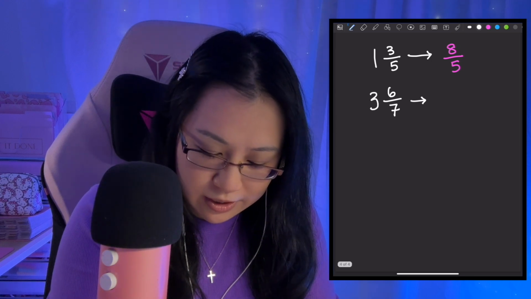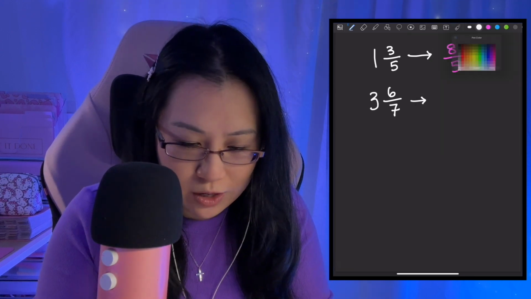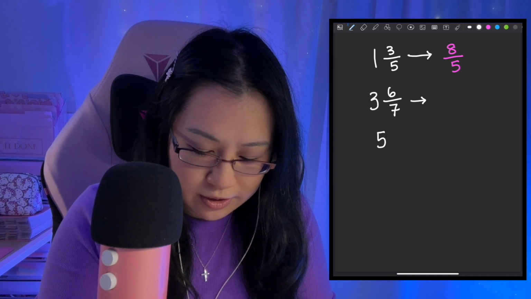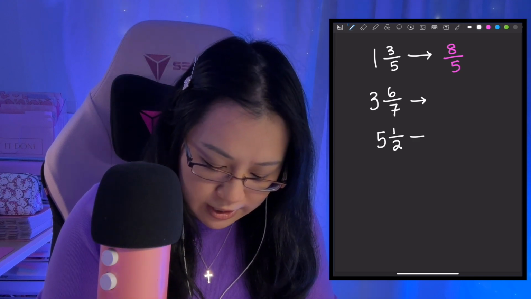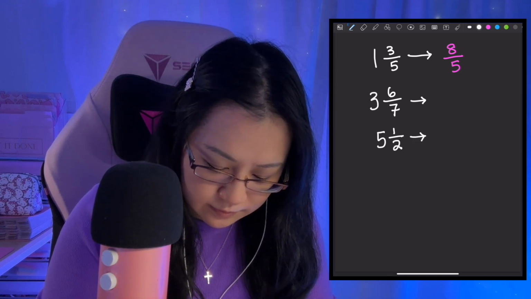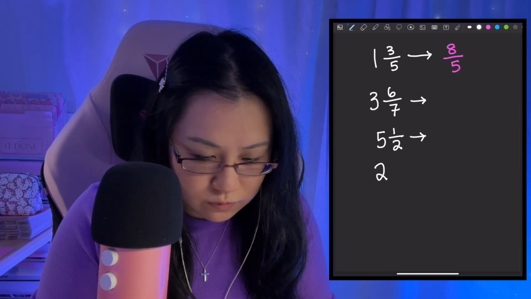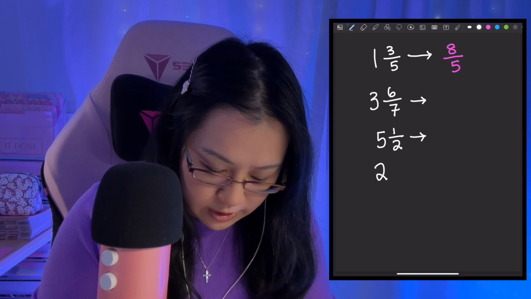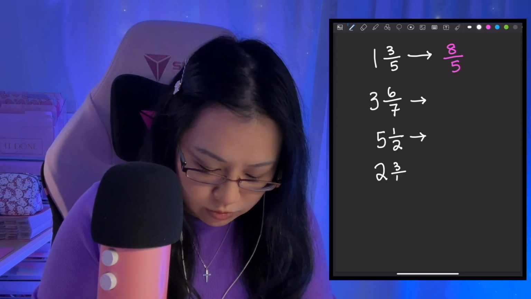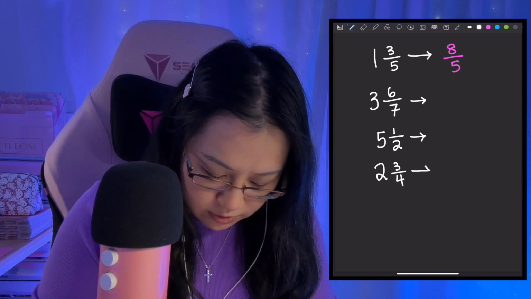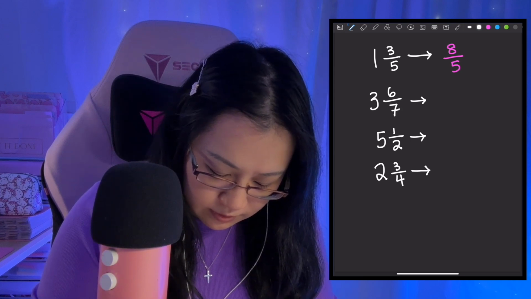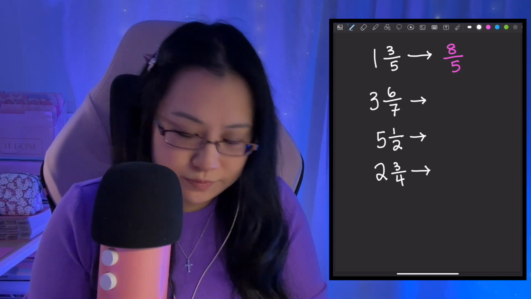And while you're doing that, I'll just go ahead and write out a few other ones just for the sake of practice. And how about 2 3/4? How about that?